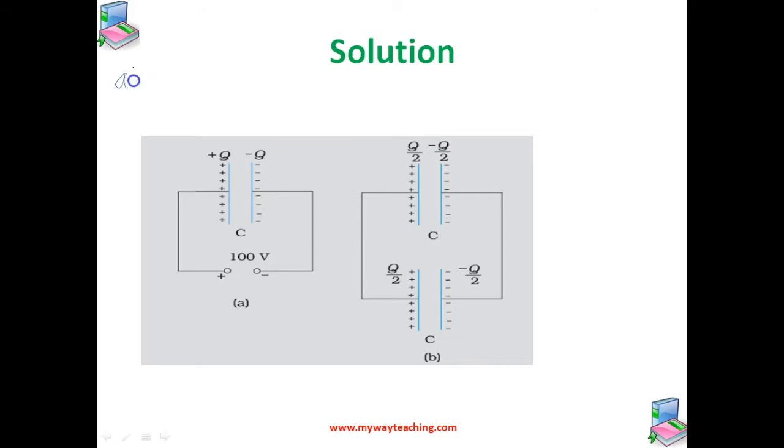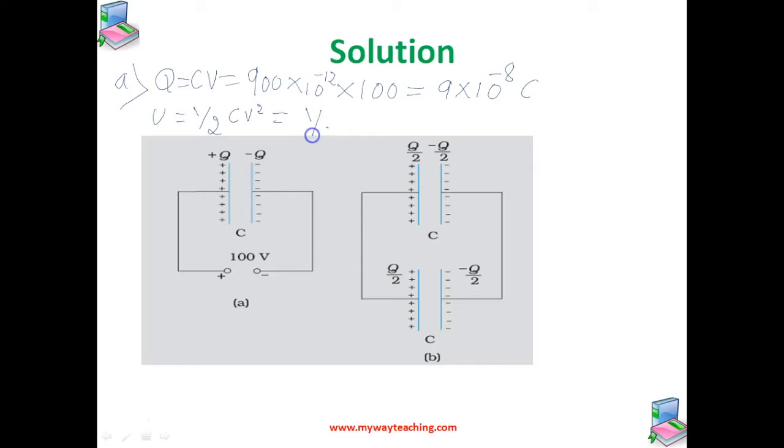Let us consider the first case, that is A, where the capacitor is connected to a battery. So the charge on the capacitor, we know, is given by C into V, and C is 900 picofarad, that is 900 into 10 raised to minus 12, and V is 100 volts, which gives 9 into 10 raised to minus 8 coulomb. The energy stored by the capacitor, we know the formula, is given by 1/2 CV squared.